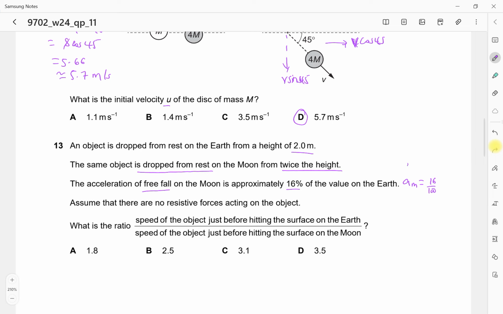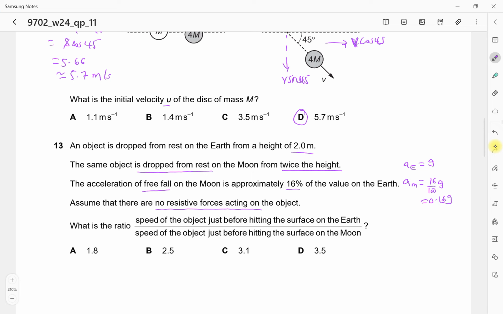Let's say acceleration on earth is going to be g. The acceleration on the moon is going to be 16 over 100 times g, which is 0.16 g.